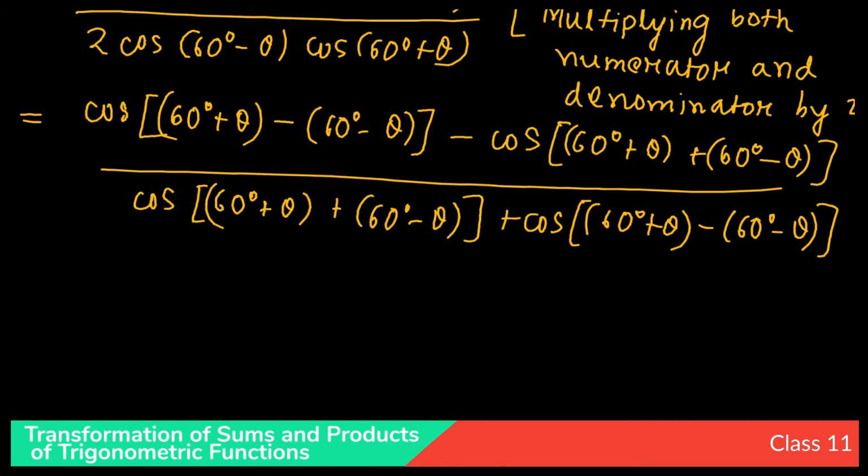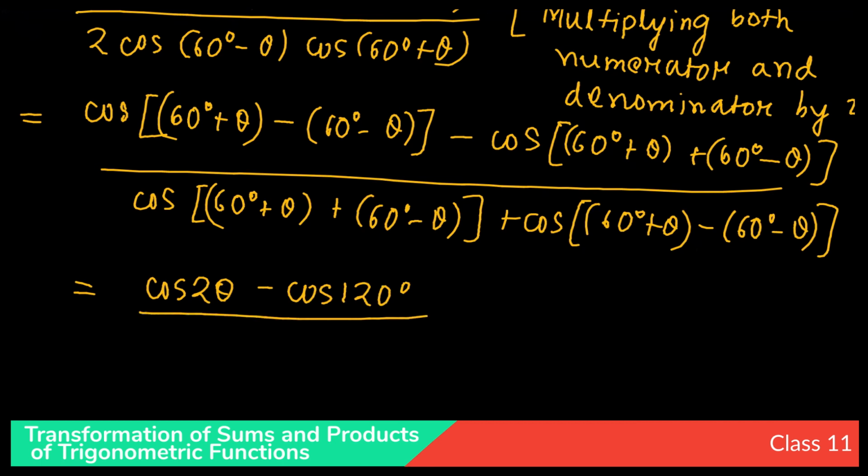So if you simplify this, you will get (cos 2θ − cos 120°) by (cos 120° + cos 2θ).